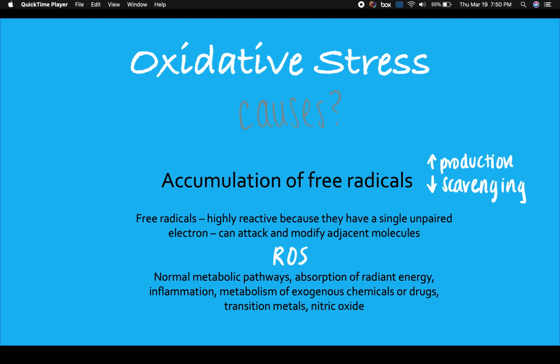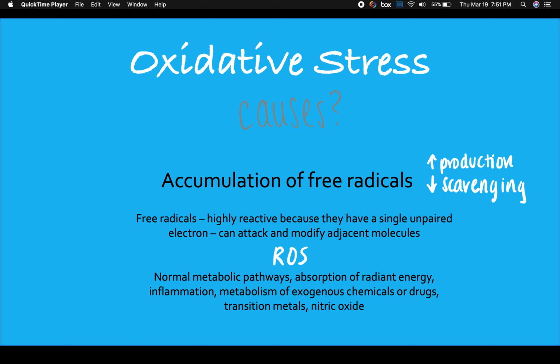Then you can have metabolism of exogenous chemicals or drugs. Any chemical or drug that's being metabolized can then cause accumulation of free radicals. Transition metals, so things like iron and copper, and then nitric oxide. Nitric oxide is a normal thing in the body, but if you have too much of it, or if it's in a specific area that it shouldn't be, a lot of this can cause oxidative stress.